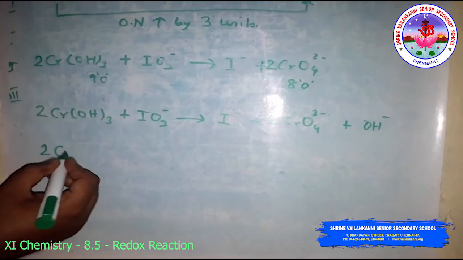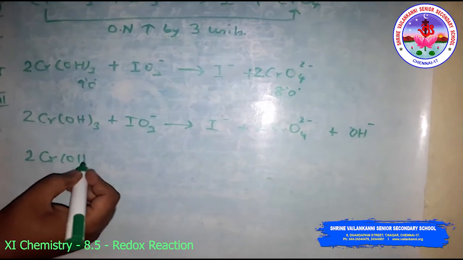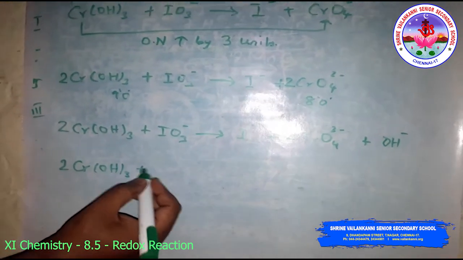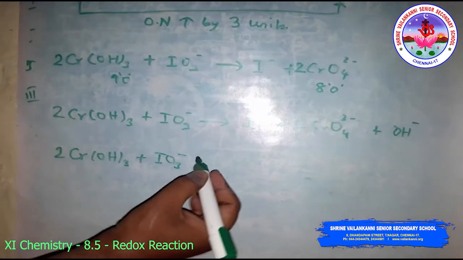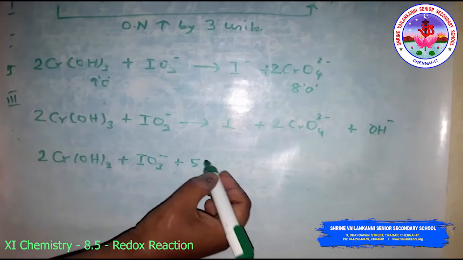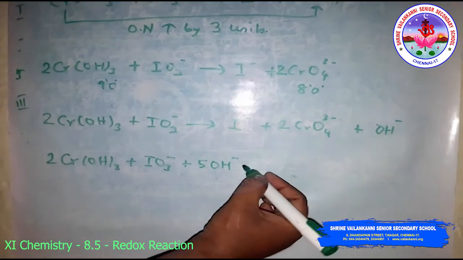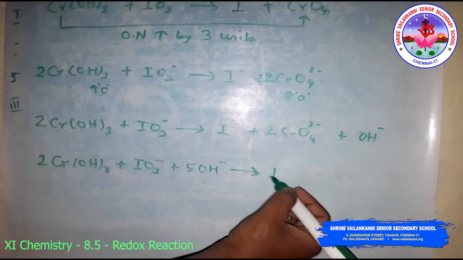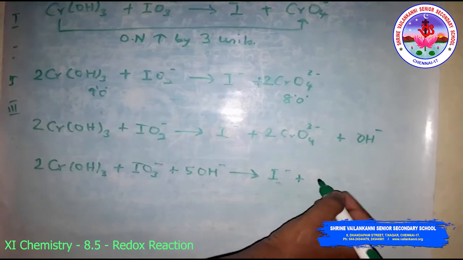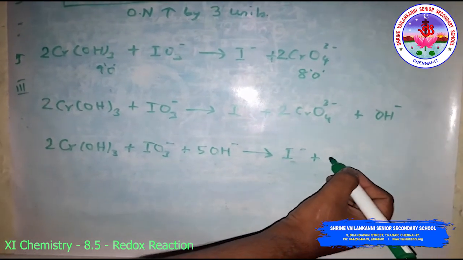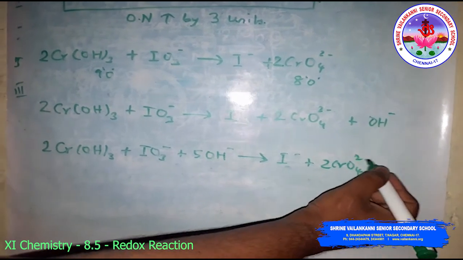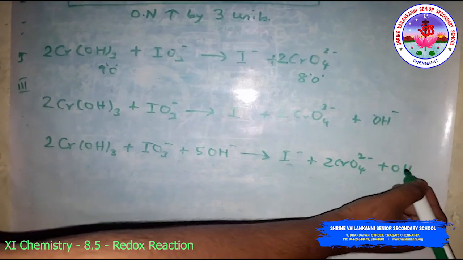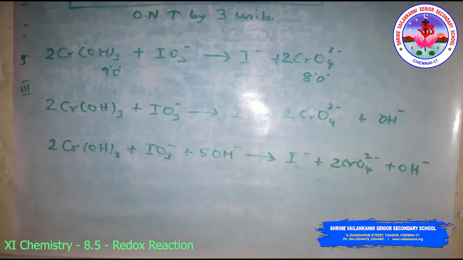So write 2 Cr(OH)3 + IO3⁻ + 5 OH⁻ gives I⁻ + 2 CrO4²⁻ and OH⁻. Okay, OH⁻.